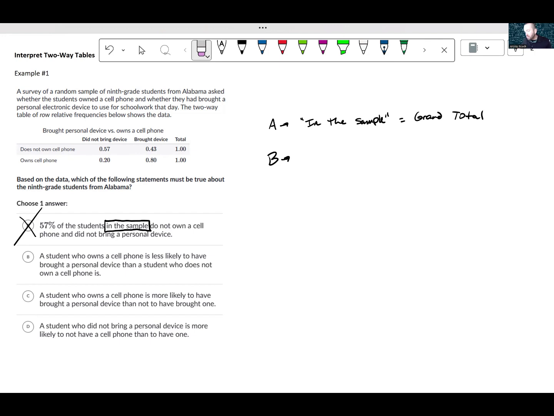For answer choice B, this says a student who owns a cell phone is less likely to have brought a personal device than a student who does not own a cell phone. So now we're looking at bringing a personal device, and we're comparing does not own a cell phone or owns a cell phone.